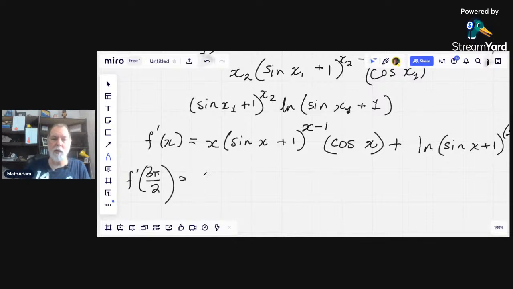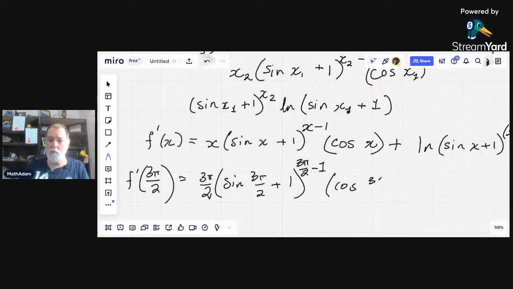And so we get 3 pi by 2 times the sine of 3 pi by 2 plus 1, all to the 3 pi by 2 minus 1, times cosine of 3 pi by 2. Okay, and the sine of 3 pi by 2 is -1.